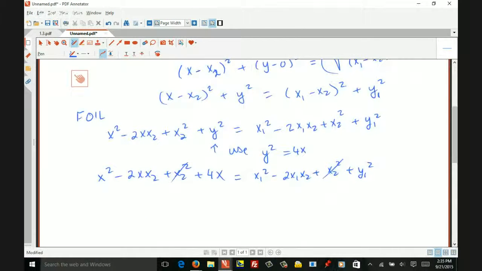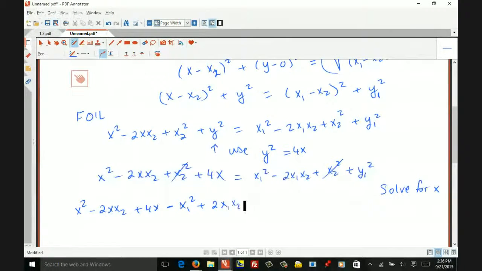Let's go ahead and set the whole thing equal to 0 because our goal is to solve for x. So subtract everything over to the other side. So we get what? A minus x1 squared plus 2x x1 x x1 x2.